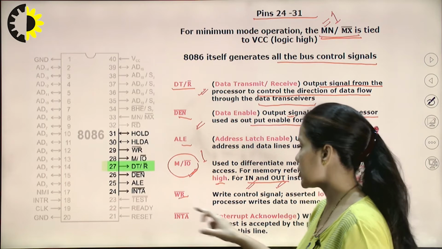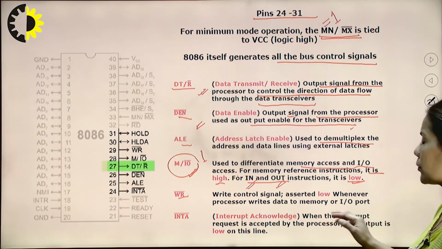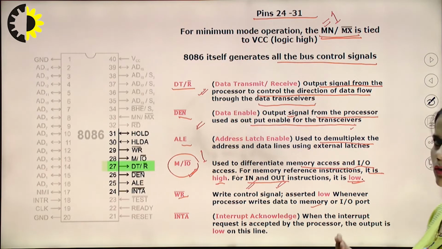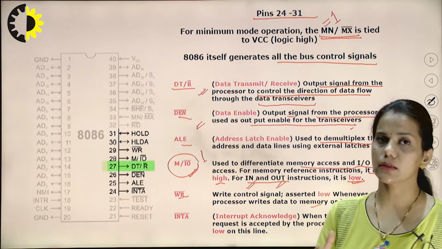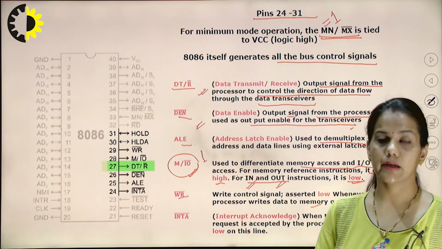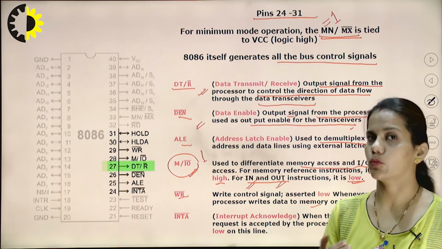Now the write operation. The write control signal is low whenever the processor writes data to the memory or to the input output device. There are only two possibilities: either the processor writes data into the memory, or it writes into the input output device.